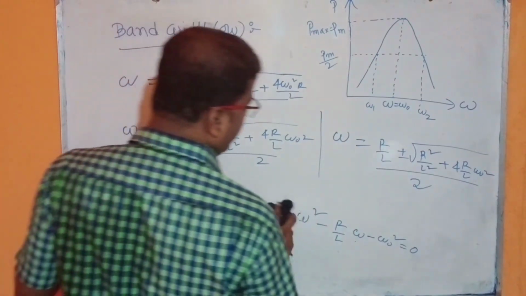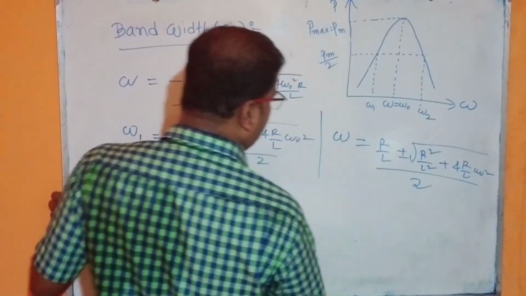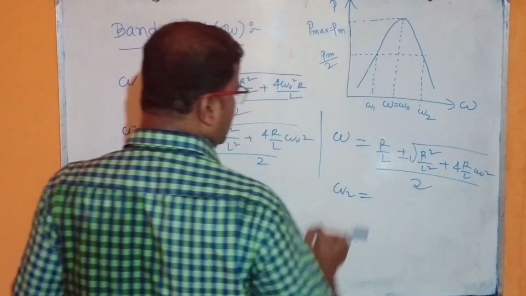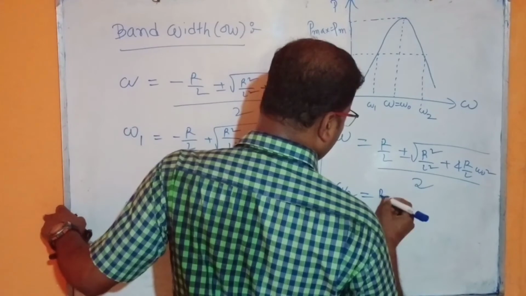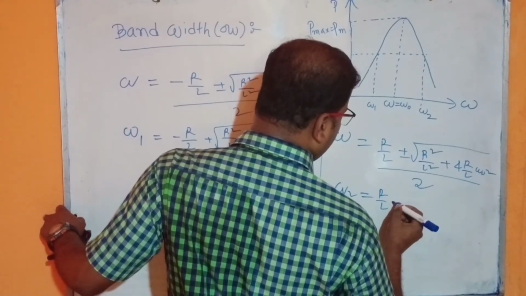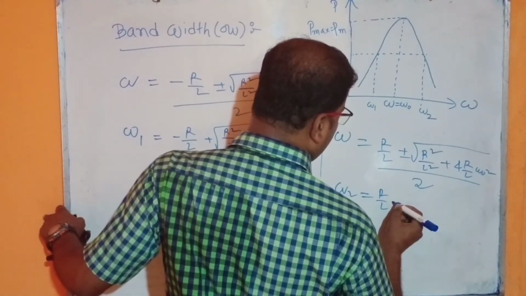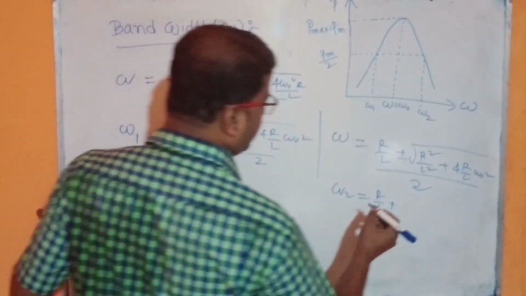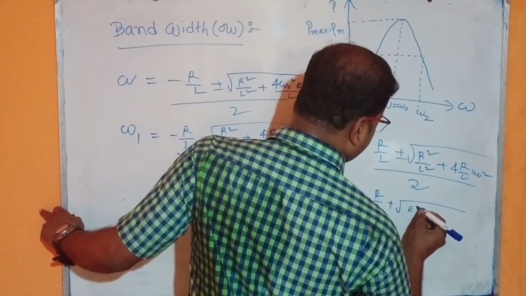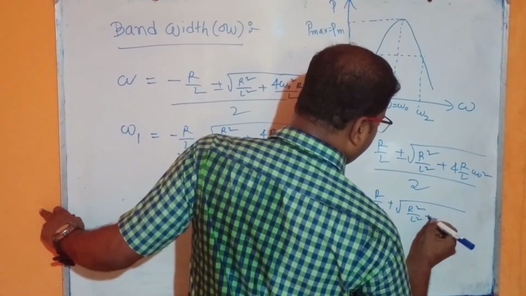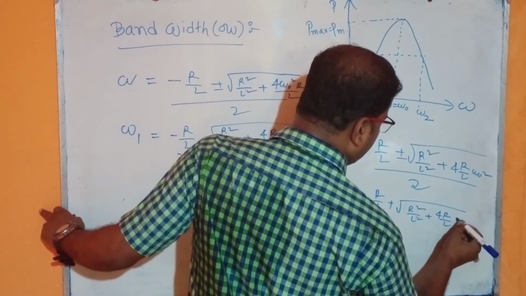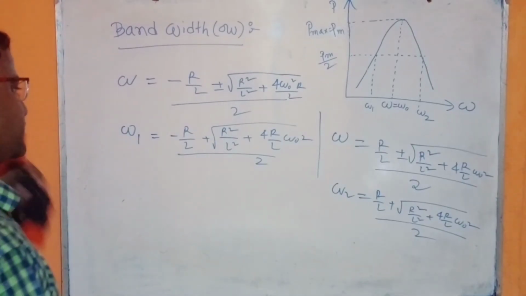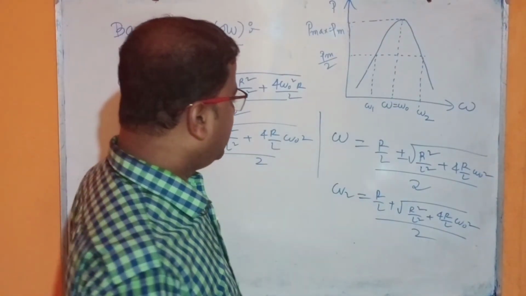Here the only allowed root is omega 2 equal to R by L plus root over R square by L square plus 4 omega 0 square, by 2. This is the only allowed root, and the other root is forbidden.